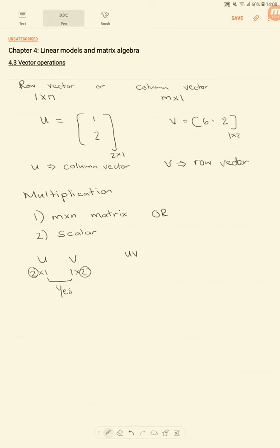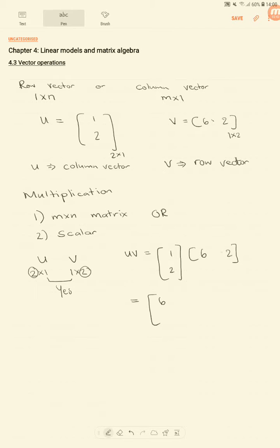So u times v will be equal to 1, 2 times 6 and 2. So what do we get? Row 1, column 1 is 1 times 6.